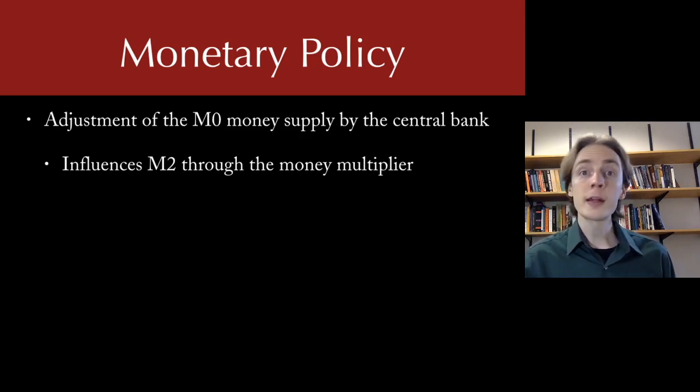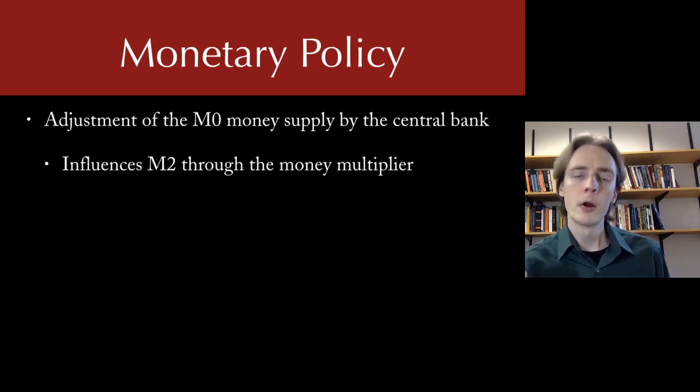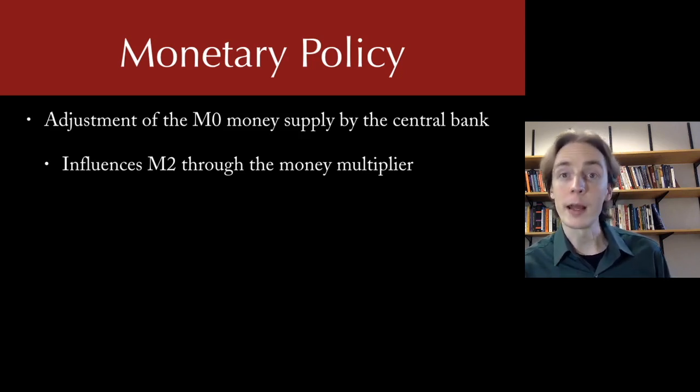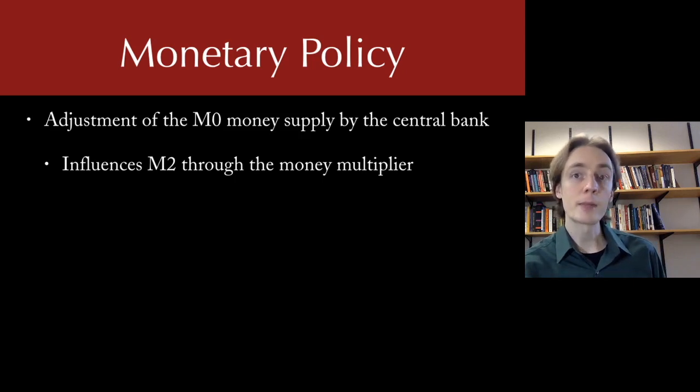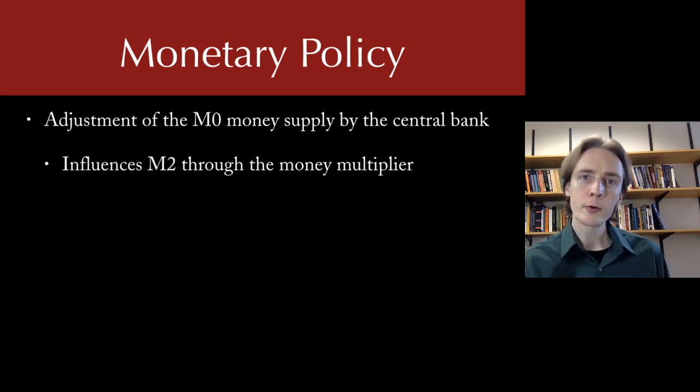So the more things there are in the economy in terms of which promises can be made, the more of those promises can be made. Right? So if M0 expands, this is going to give banks more ability to expand M2 as well. Right? So the central bank also has indirect control over broader monetary aggregates like M2.